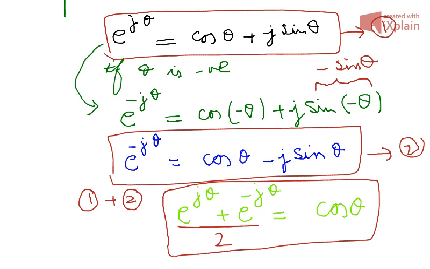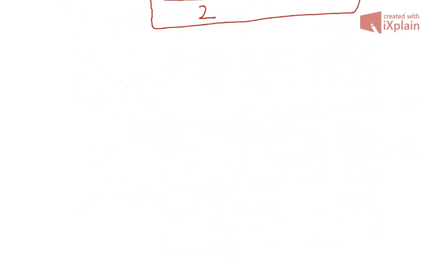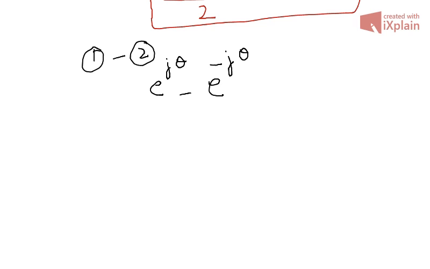And similarly, if you subtract 2 from 1, what would you get? You would get e raised to the power j theta minus e raised to the power minus j theta, which would be equal to 2j times sine of theta.